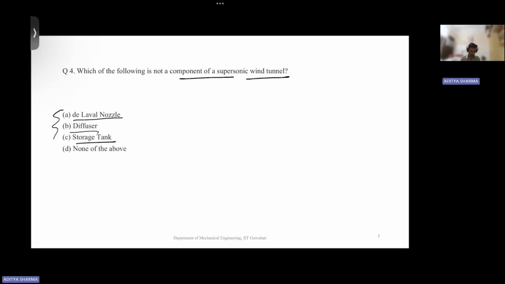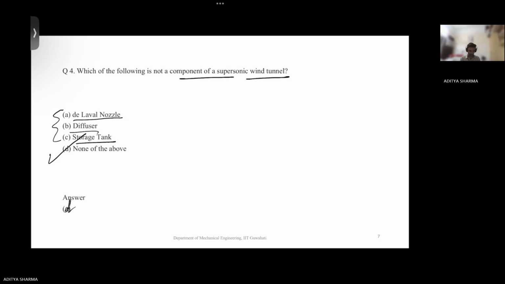So all three are components of your supersonic wind tunnel. So D option will be correct. There is no such option which is not a component of supersonic wind tunnel. Okay, there should have been D, I believe.